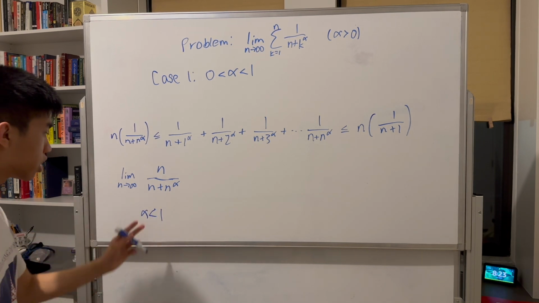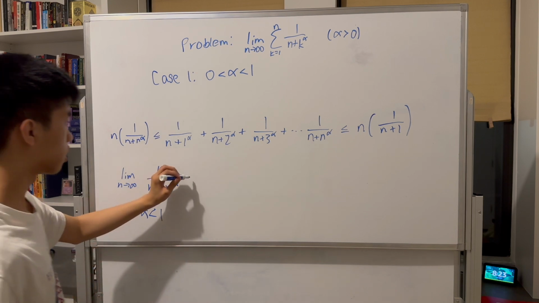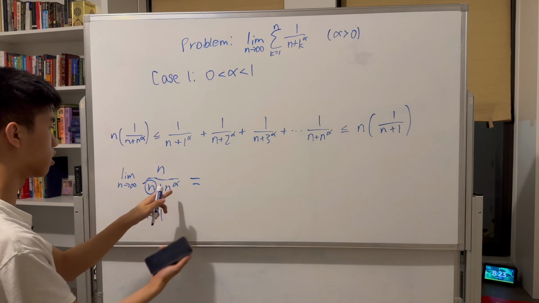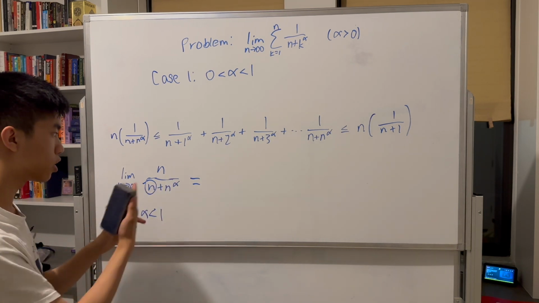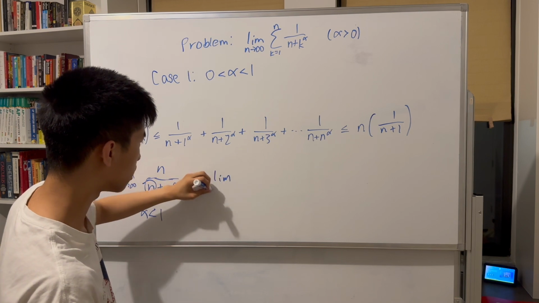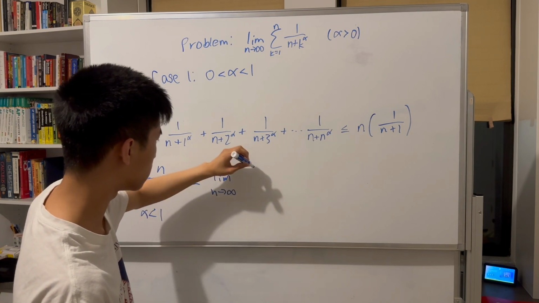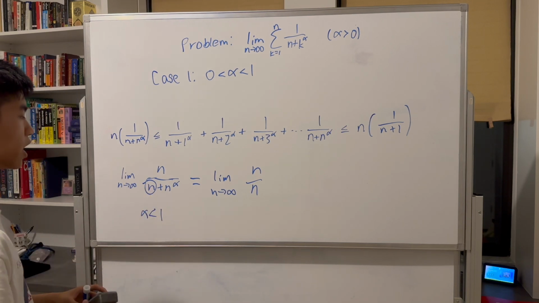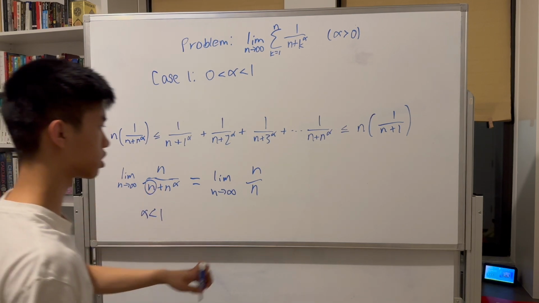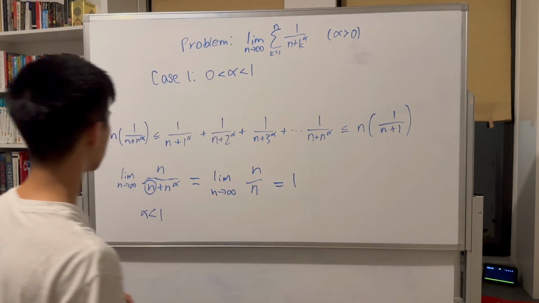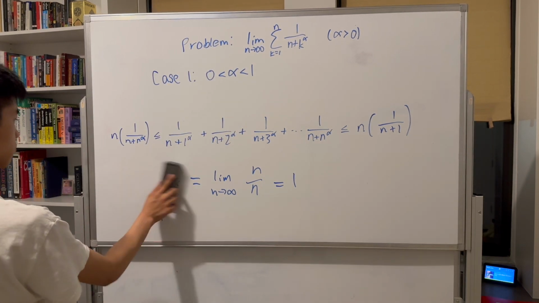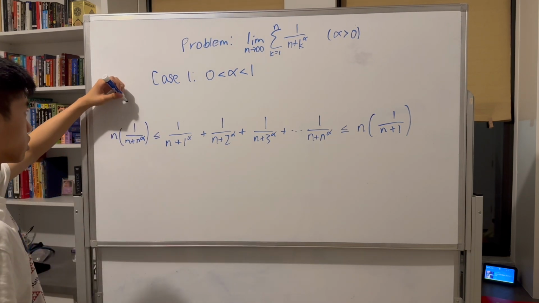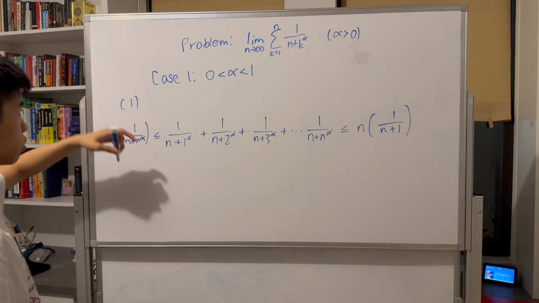Because alpha is less than 1, this n dominates over this n to the alpha term. N to the alpha is a weaker term, so this is just equal to the limit as n goes to infinity of n over n, because n to the 1 power dominates over this, and so this is 1. We know that this approaches 1, so I'll label this as 1.